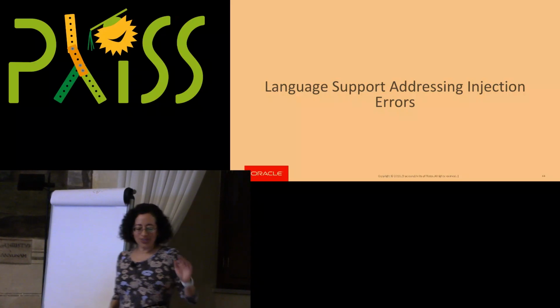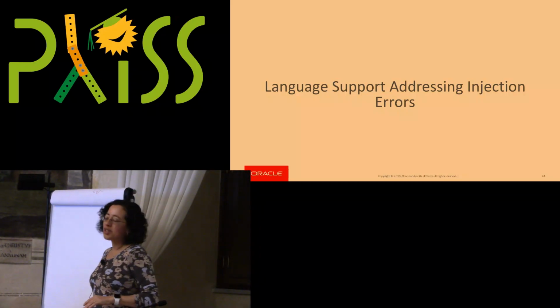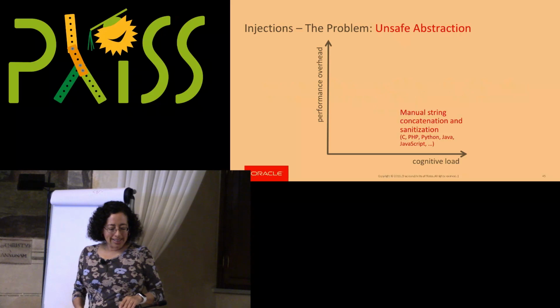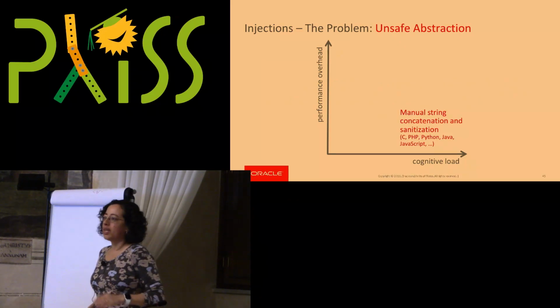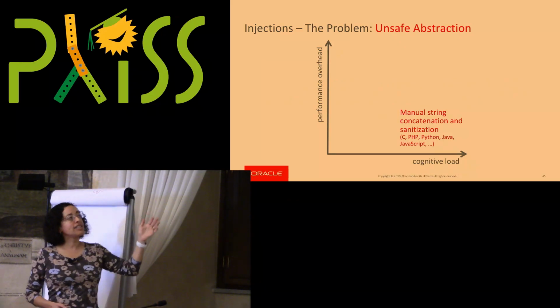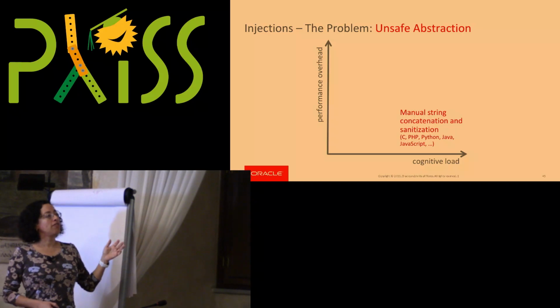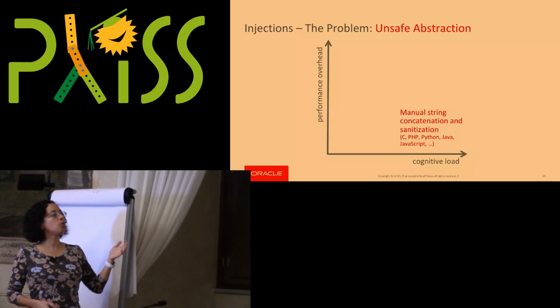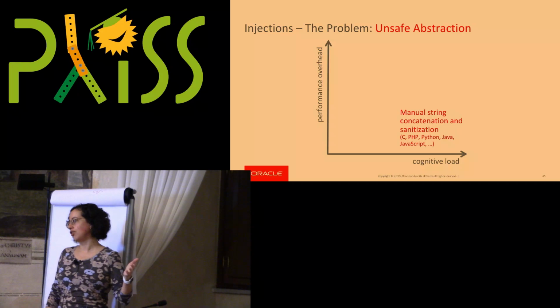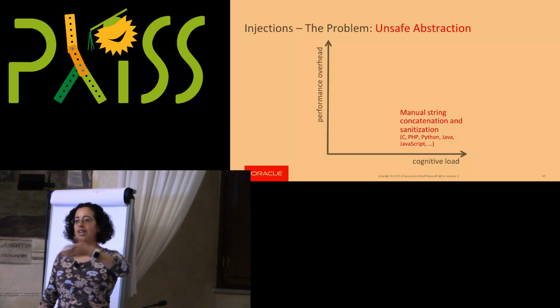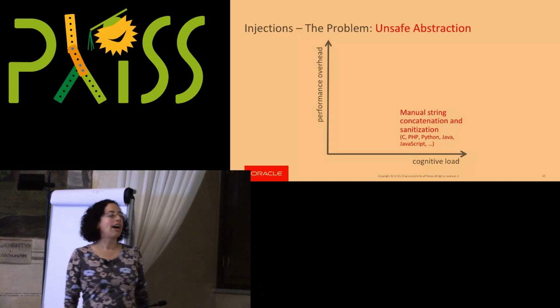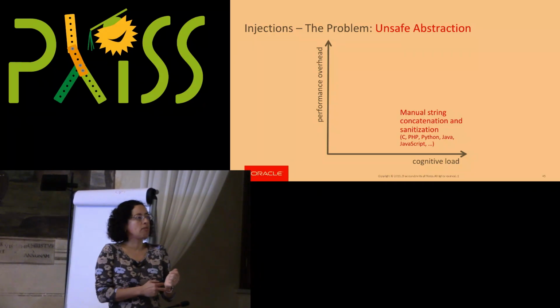Okay, let's move on to the next type of issues, injection errors. In this category, the unsafe abstraction has been the fact that we allow developers to do manual string concatenation. Like SQL injection errors, you saw them, right? Cross-site scripting errors, same type of thing.